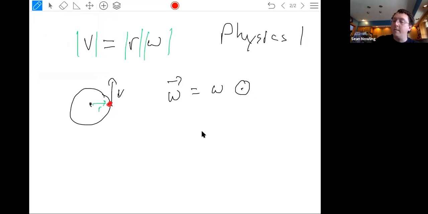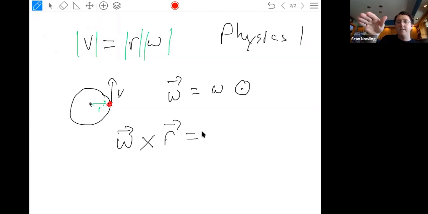So let's work out which way omega vector cross r vector would point. Omega vector is into your eye, and r vector, struggling to see it as you guys would see it.